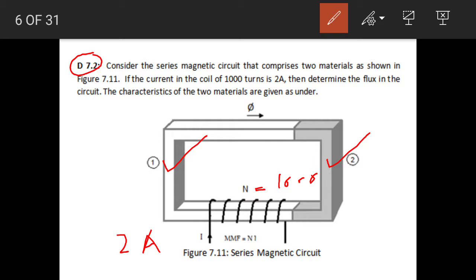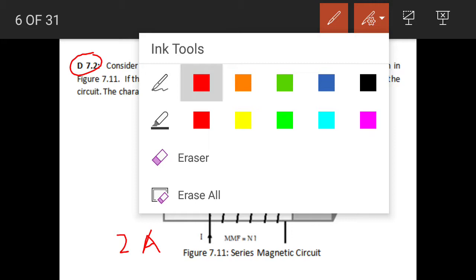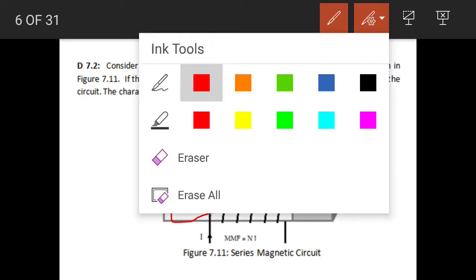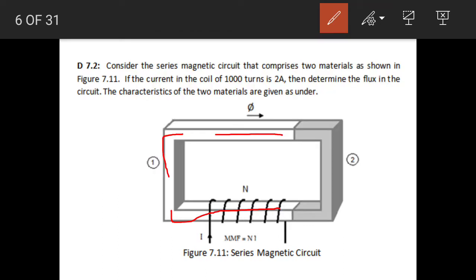The characteristics of the two materials are given as under. So in this series magnetic circuit, we have been given two magnetic materials: magnetic material number 2 here, and magnetic material number 1 here. These two materials are in series. We have placed a coil of N turns on the first material.